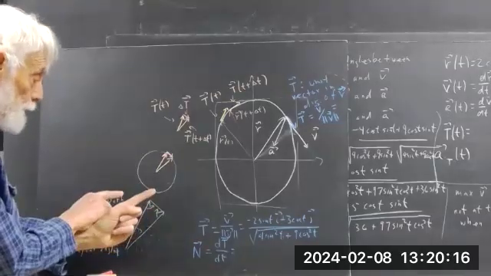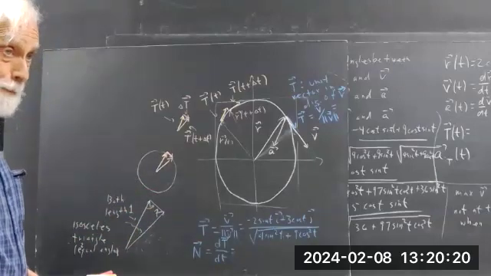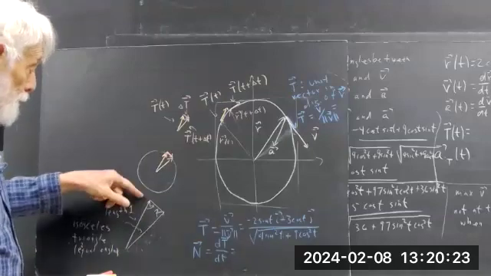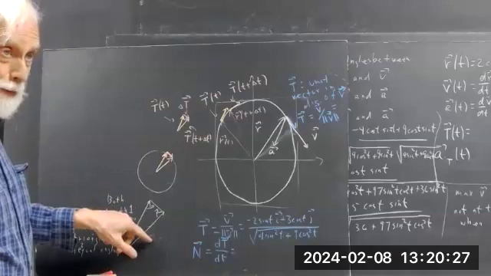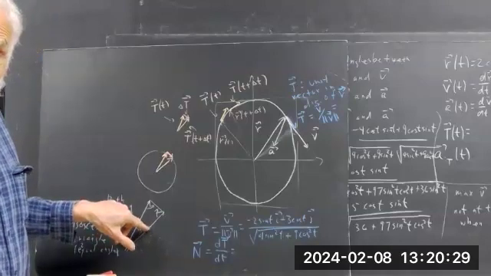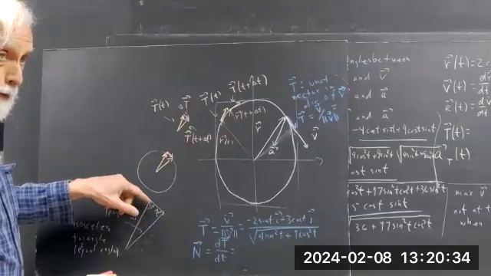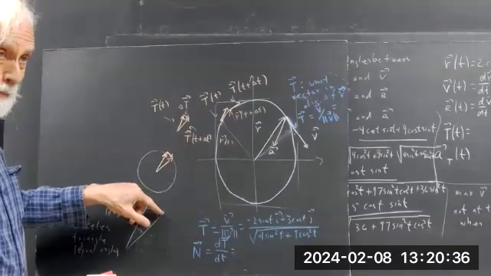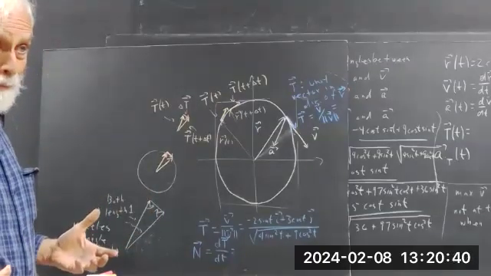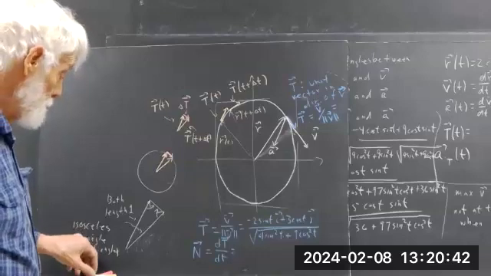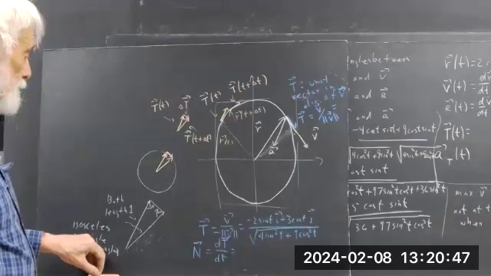If you flip the figure over this way, it's going to look the same. So the angles are the same. This side of length one goes here, and this side of length one goes there. You still have a side of length one and a side of length one. Whatever angle was here is now here. Since the triangle is identical, the angles have to be the same. It's a symmetry argument.